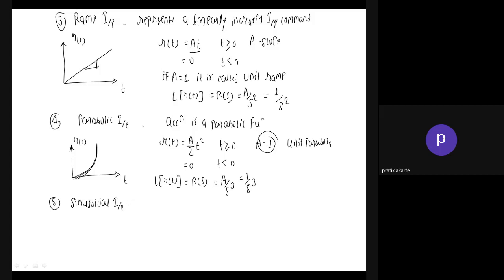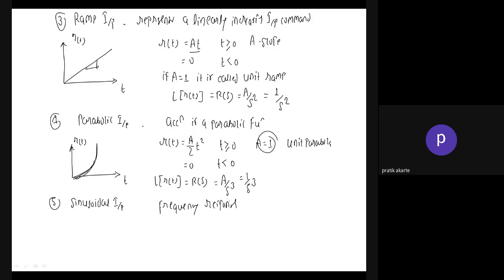Whenever there are applications where we encounter varying frequencies of the input, and our interest is to study the response of the system to this varying frequency, that is, when we want to study the frequency response, sinusoidal inputs are used.